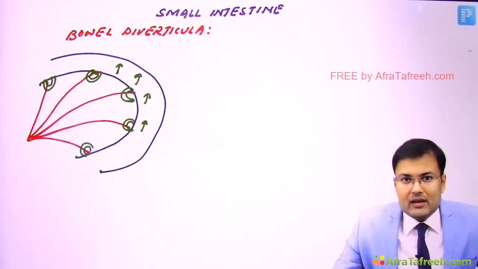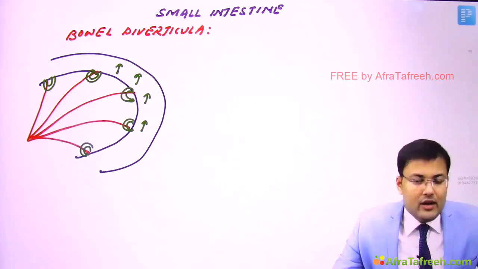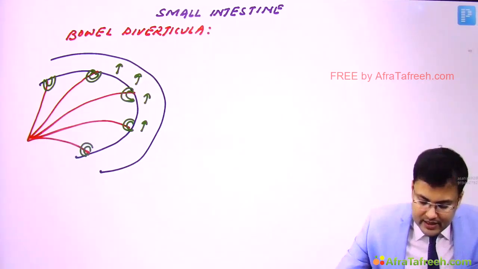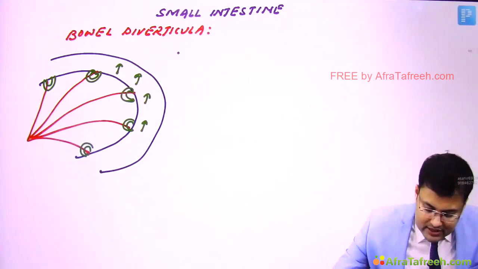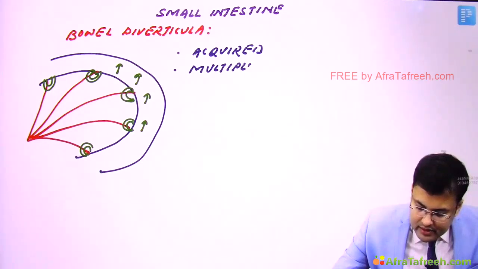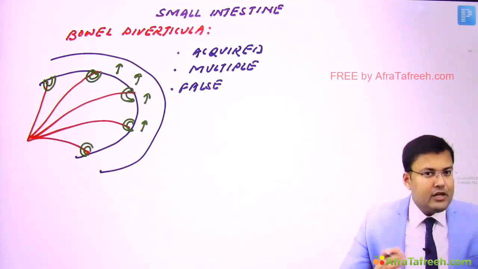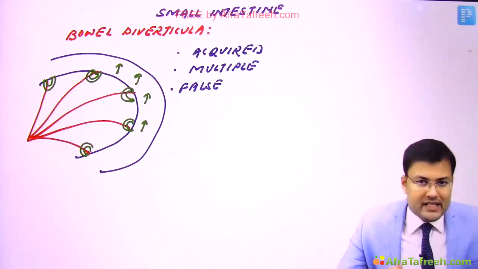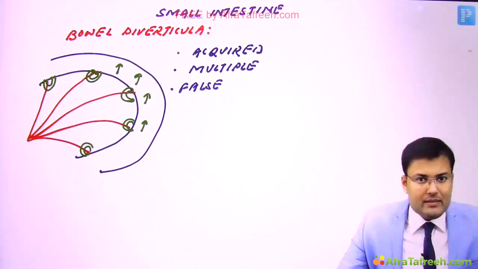So most of the bowel diverticulas contain only mucosa and submucosa, so this is false. So most of the bowel diverticulas are acquired, multiple, false. And if you see the location, the diverticula is located along mesenteric aspect or anti-mesenteric border.